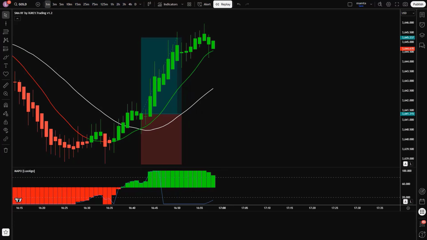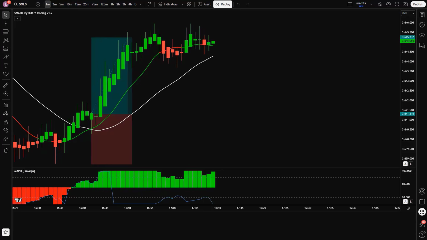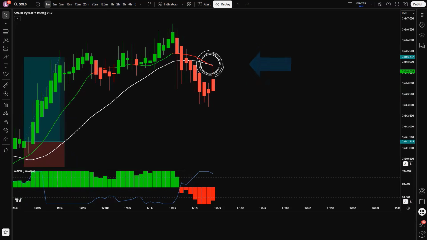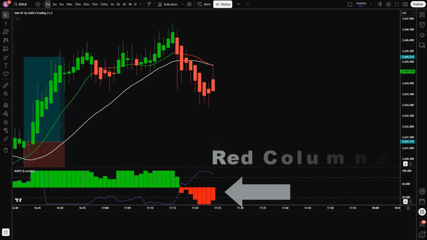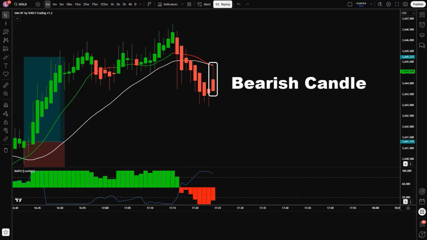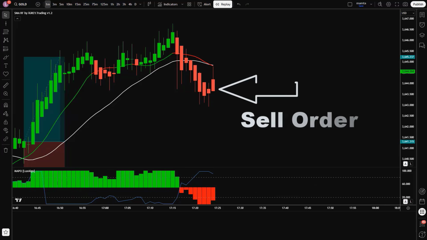Let us now understand the short position. When the simple moving average indicator's MA line and regime MA line cross, when the moving averages proximity oscillator indicator shows red color columns, and when the market forms a bearish candle, if this condition is fulfilled, then we will place a sell order.